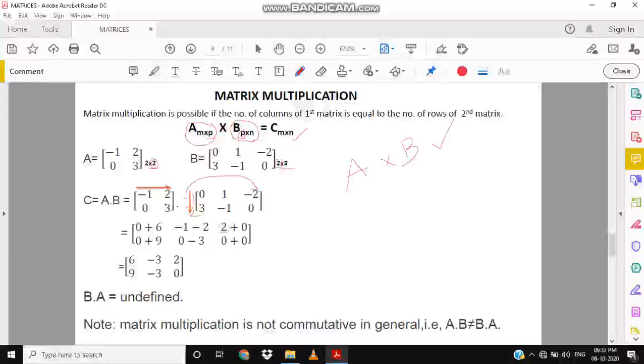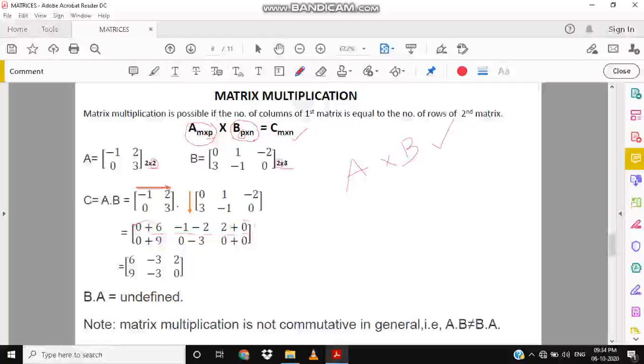Here it's +2. Similarly, then you will do 2 into this element, 0. 2 zeros are 0. Gives you 0. Okay. So this completes our first row. Okay. Now we will come to the second row.